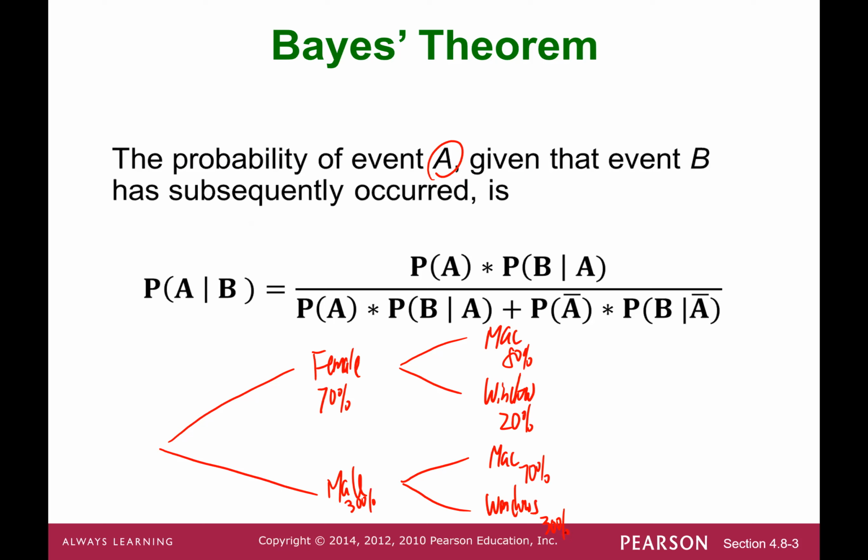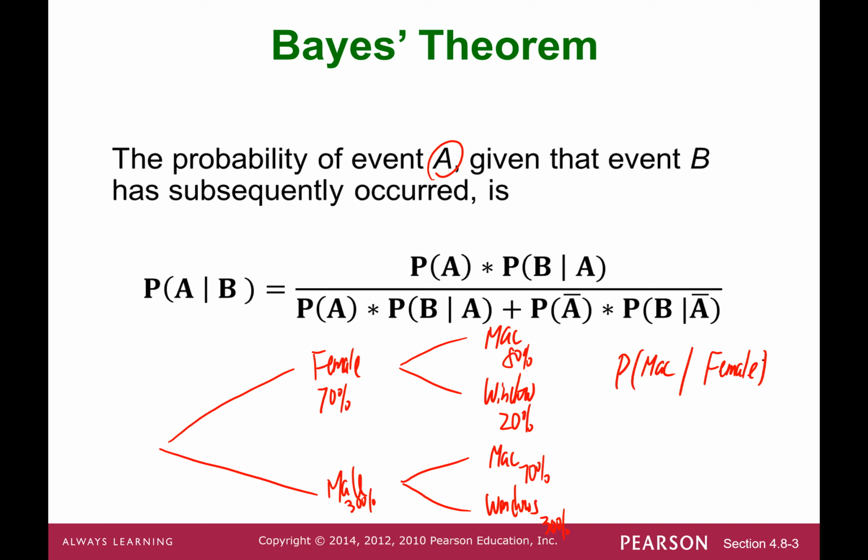And what if you want to find the probability of Mac users, given that it's a female? Basically you are saying that for all the Mac users, what percentage of them are females?